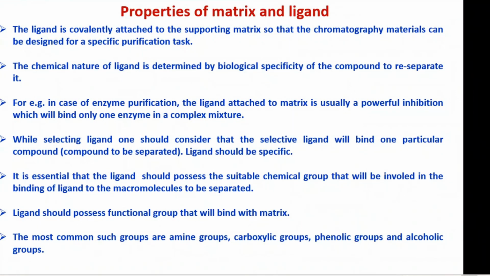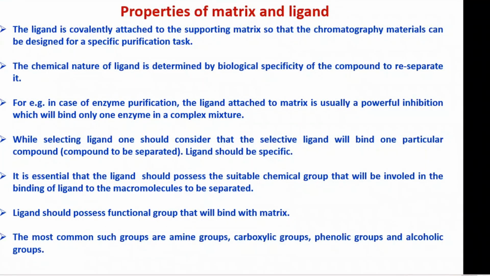The compound which we are going to separate should have affinity towards the ligand, but not all other molecules. We are going to add a crude or isolated sample on the top of the column. The ligand should have only a specific binding for the molecule of our interest, and it should be bound, but not all the other molecules.